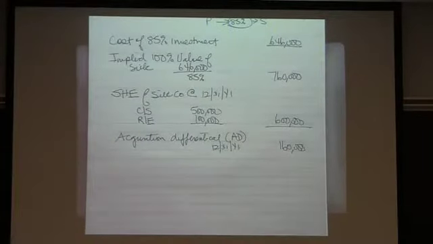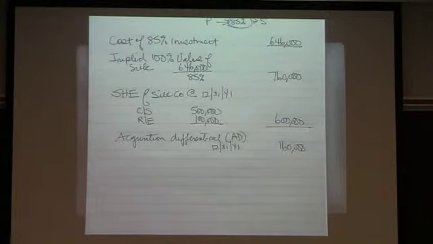Now, let's analyze the acquisition differential. What are we told? It says the imputed acquisition differential was allocated $70,000 to inventory, with the balance to patent being amortized over 10 years.